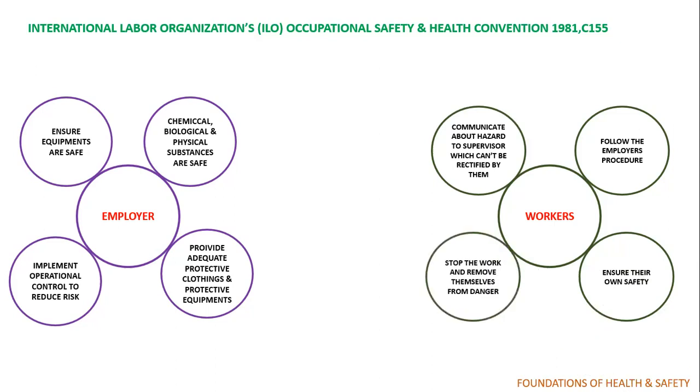And the worker should stop the work and remove themselves if they find themselves in any kind of danger. So these are the duties, responsibilities and rights of the worker under the International Labour Organization's Occupational Safety and Health Convention C155.